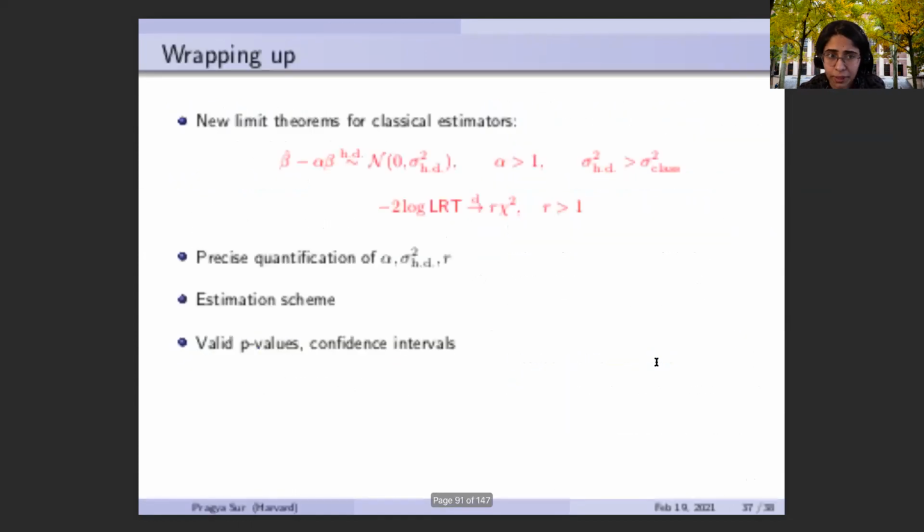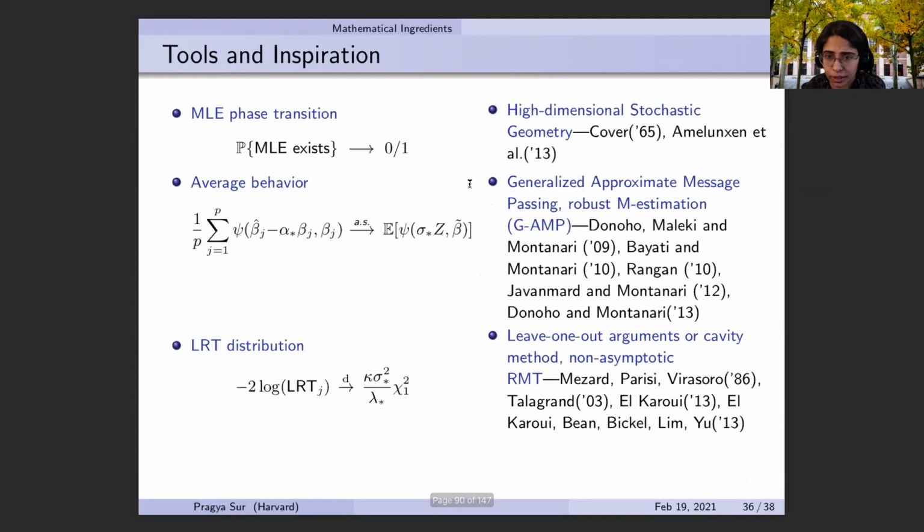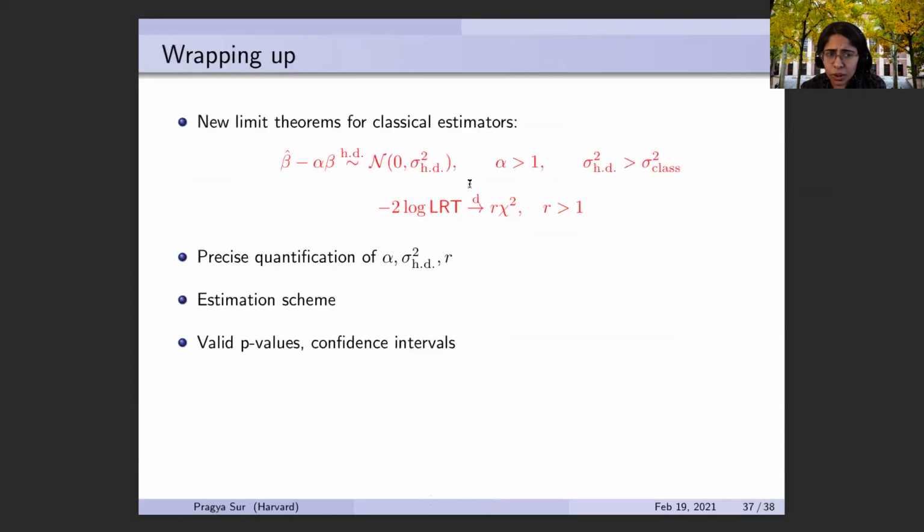So let me wrap up. Sorry, there's some jump in my mouse system. What I presented today was new limit theorems for very classical estimators, the ML estimators in test statistics, the MLE and the log LRT, and we saw that mainly there are three new phenomena happening.